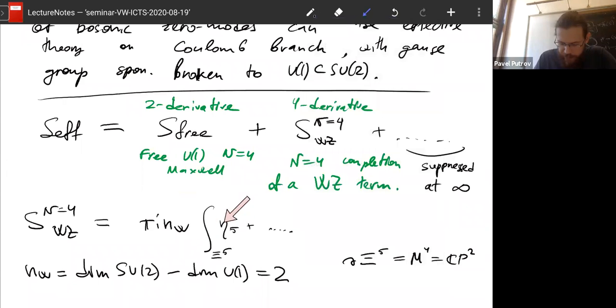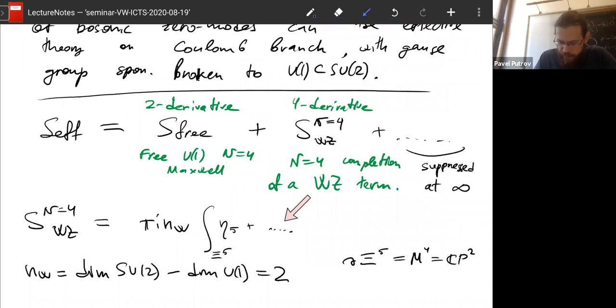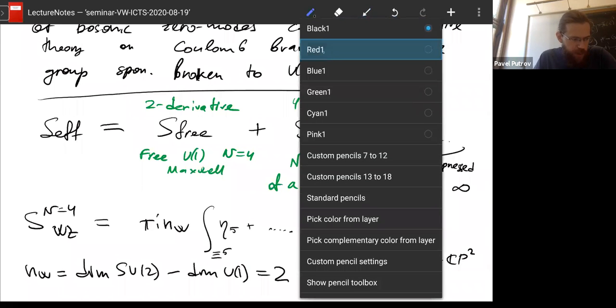I will write briefly what this eta 5 is here. But what we will need is to find the dot dot dots. This is actually a non-trivial part of the calculation.